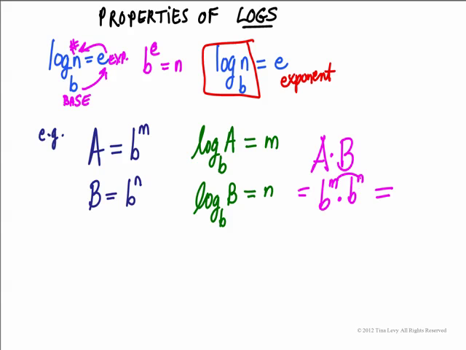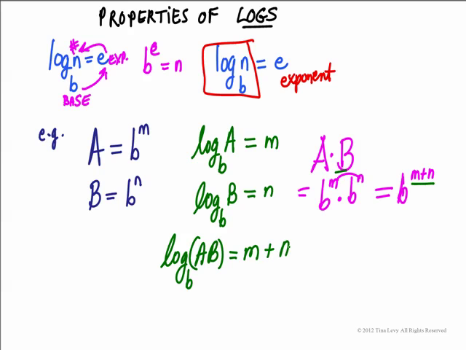So this will be b to the m plus n. Now when I ask about the log of a times B, base b, I'm really asking about the exponent of aB when b is the base. And we see that the exponent is m plus n.